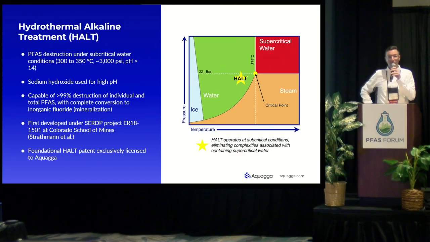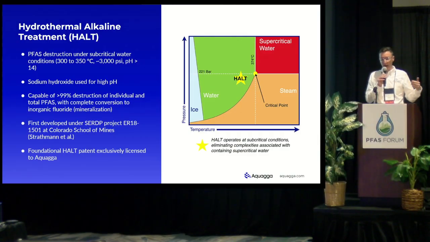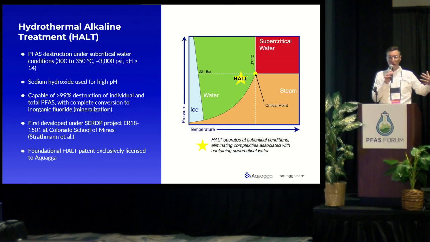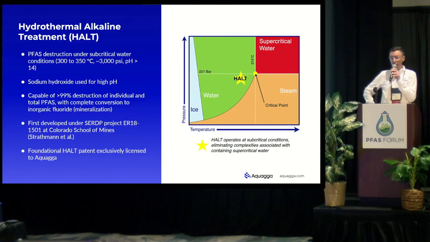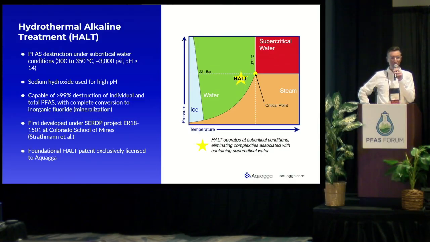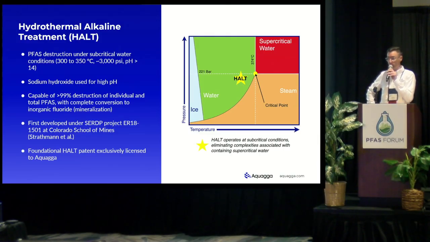Oh yeah, our effluent. So we have liquid in, liquid out. It's a continuous flow system. The different sizes range from about 20 gallons a day for the little tiny palletized system up through 1,200 to 1,500 gallons per day for the full-scale system. And so it's liquid in, liquid out. We produce a salty brine. So the organofluorines have been completely mineralized and converted into inorganic sodium fluoride dissolved in our solution.